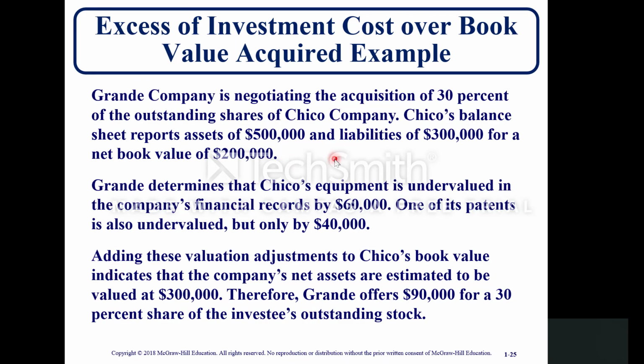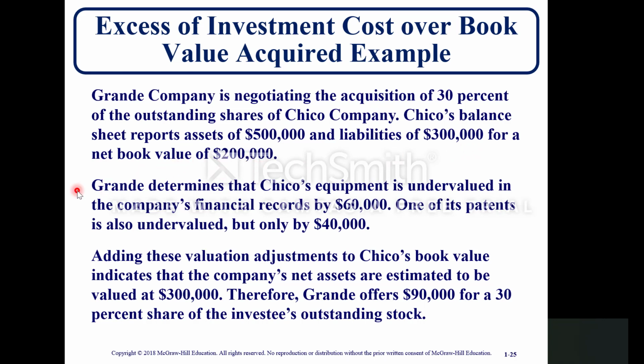So, excess of investment cost over book value acquired. This is an example of what we're discussing now. Grande Company is negotiating the acquisition of 30% of the outstanding shares of Chico Company. Chico's balance sheet reports assets of $500,000 and liabilities of $300,000 for a net book value of $200,000.